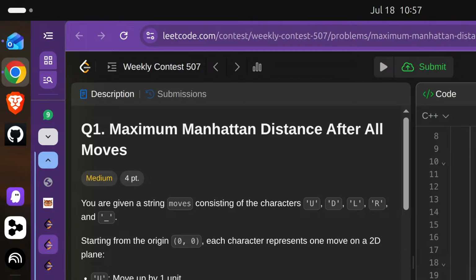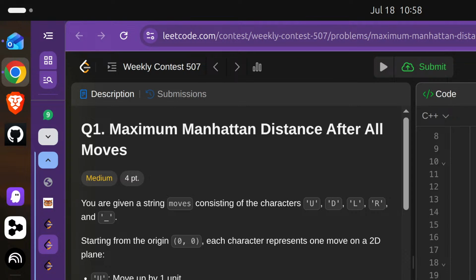Else if ch is down, then y minus 1. Else if it is left, in that case x minus 1 and y will be the same.